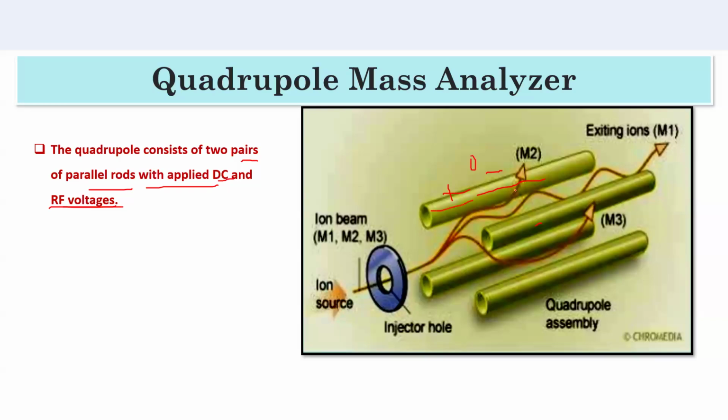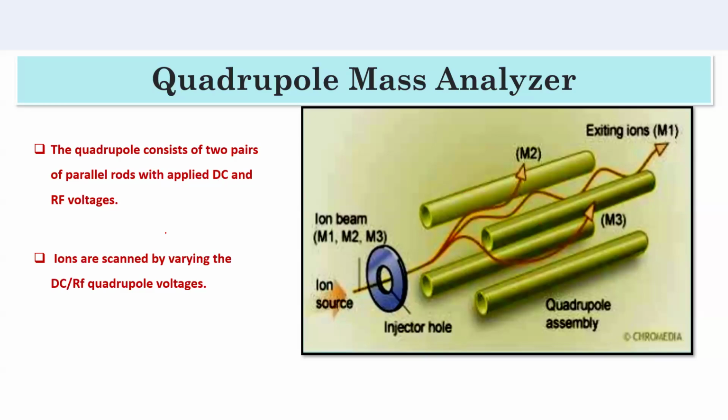So we can tune the charge on these poles, which helps us control what kind of molecular ions or fragment ions can pass to the detector. As I told, ions are scanned by varying the DC and RF quadrupole voltage.